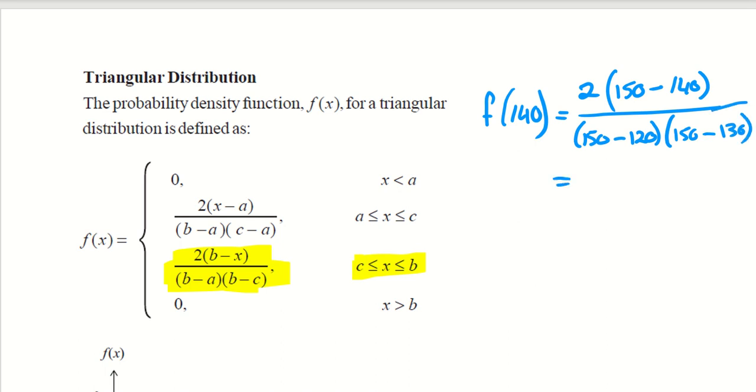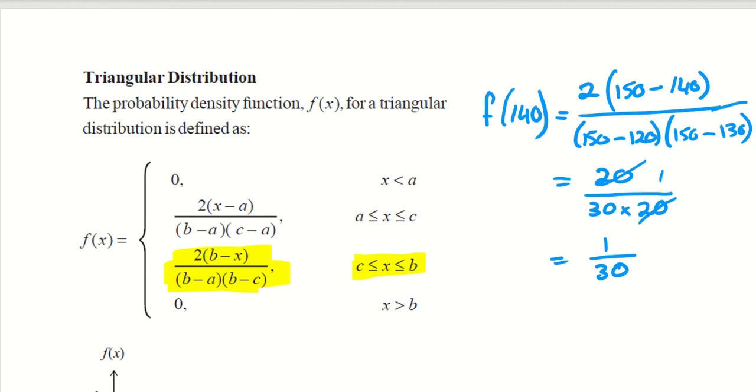So simplifying that, 150 minus 140 is 10. 10 times 2 is 20. And then on the bottom, simplifying the first bracket, 150 minus 120 is 30. And 150 minus 130 is 20. So those will cancel down to leave me with 1 over 30 is my height at 140.